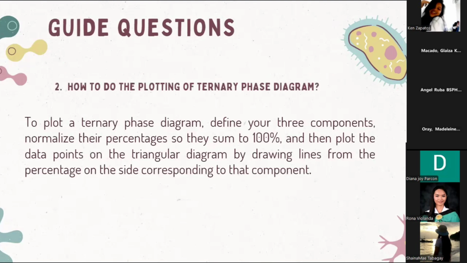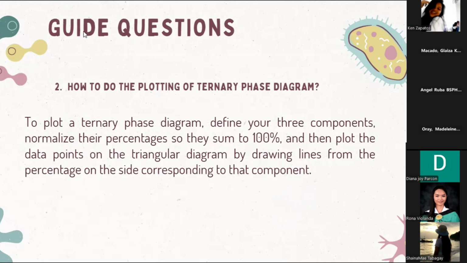Number 2, how to do the plotting of a ternary phase diagram. To plot a ternary phase diagram, define your three components. In our experiment, we have three components: the alcohol, the camphor, and water. Now normalize your percentages so they sum to 100%.